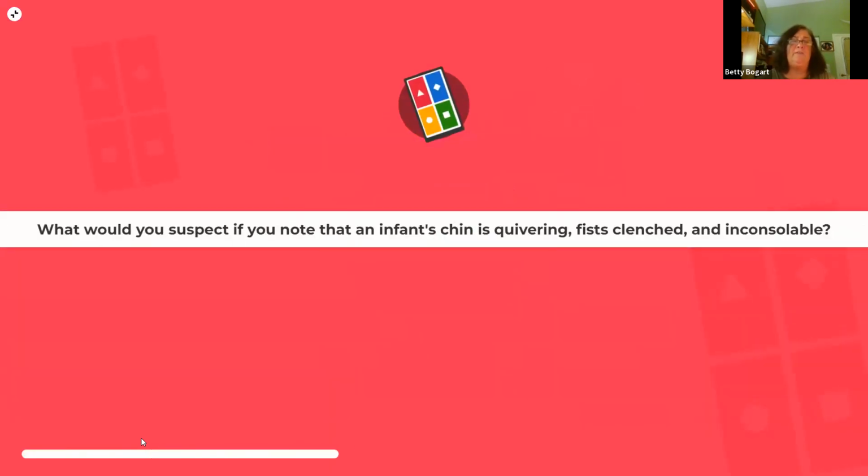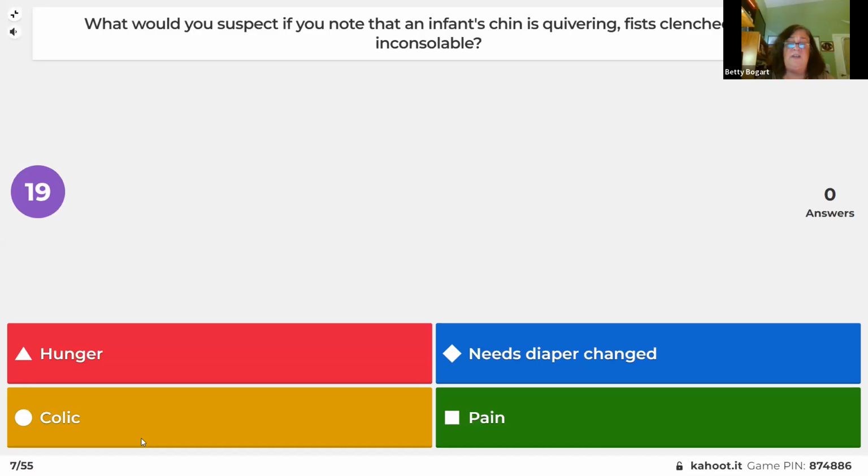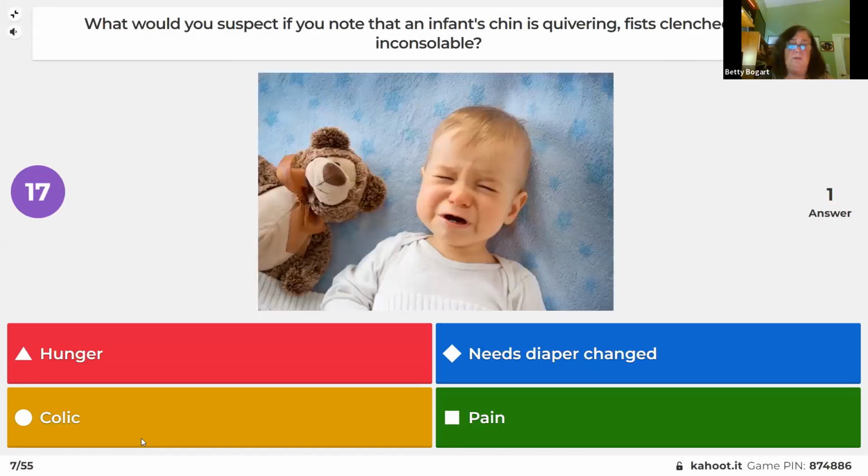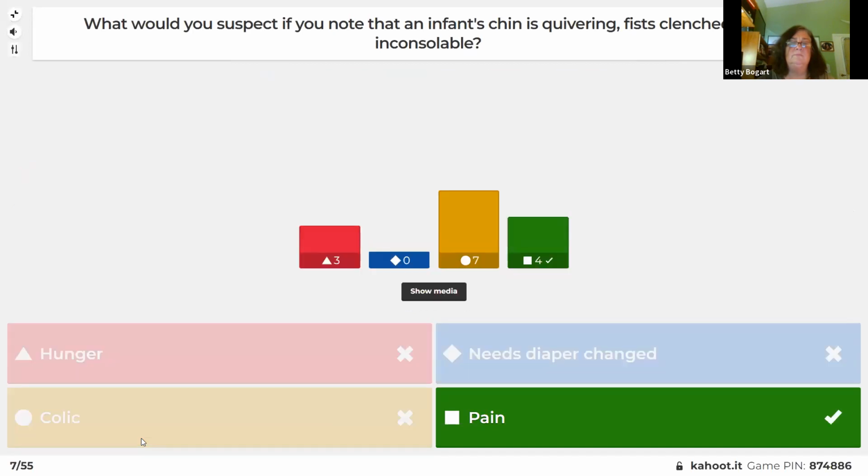What would you suspect if you note that an infant's chin is quivering, their fists are clenched, and they're inconsolable? That's all part of the FLACC scale.